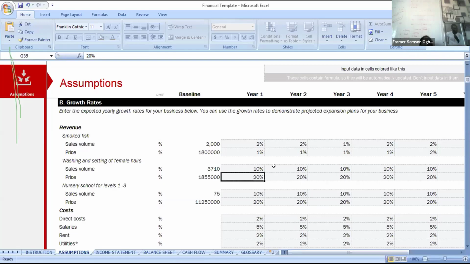Second, if I have a salon in an estate where they say there can be only one salon, it means that the probability of me having competitors will be reduced. Now, I can use that to calculate my sales volume. I have looked at my estate, and the majority of the people here right now are around the ages of 6, 7, 8 years.